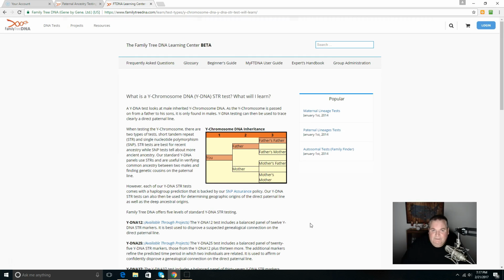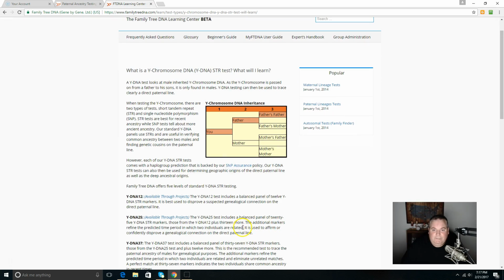There's an excellent area that we're going to look at in a second with a huge map of the world and how different families and paternal lines evolved over time out of Africa, moved up into Central Europe, and just spread all over the world. So Y-DNA testing is a very specific type of test.